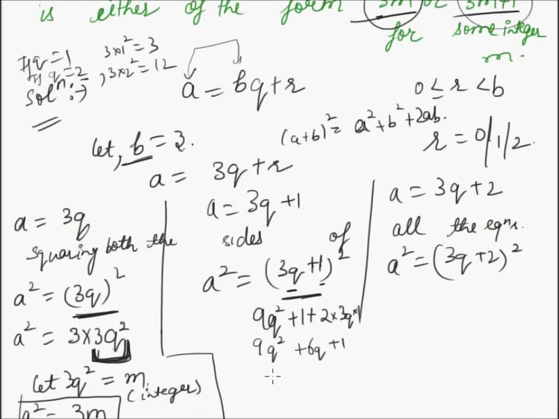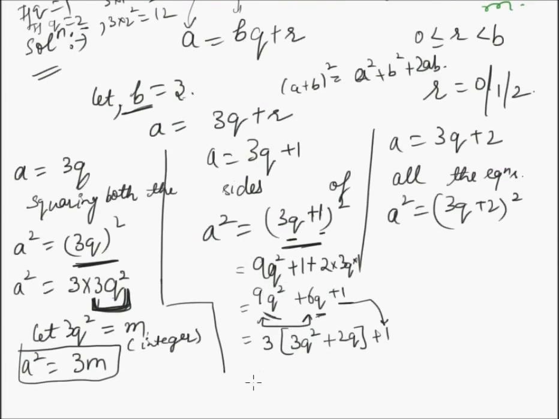Now friends, from these two terms we can take 3 as common, and we will get 3q square from this term and 2q from this second term, and plus 1 as this term.